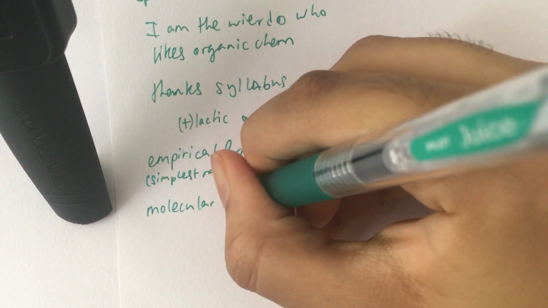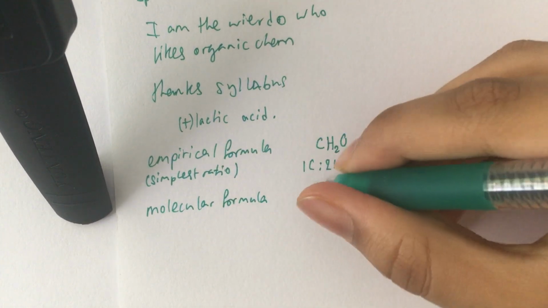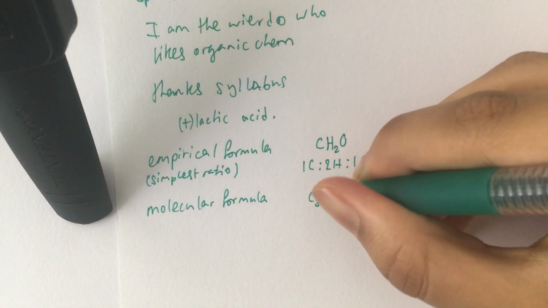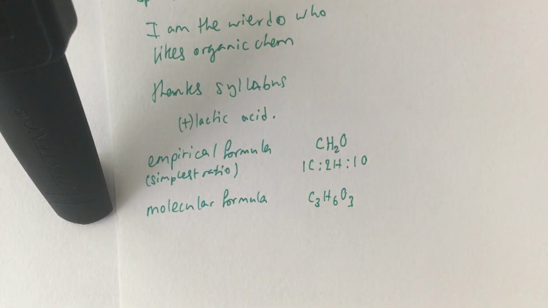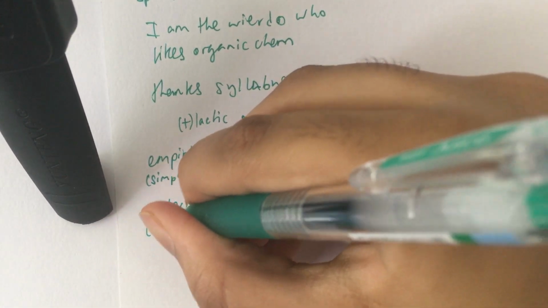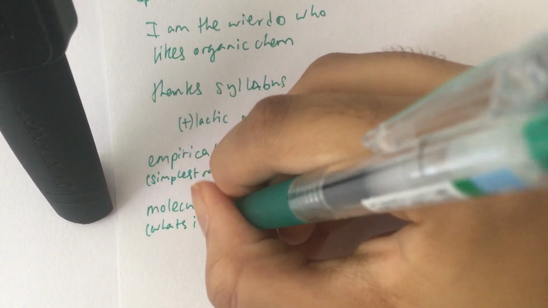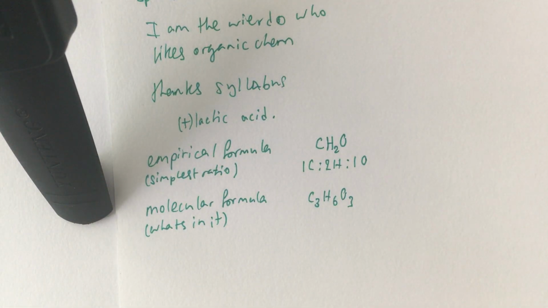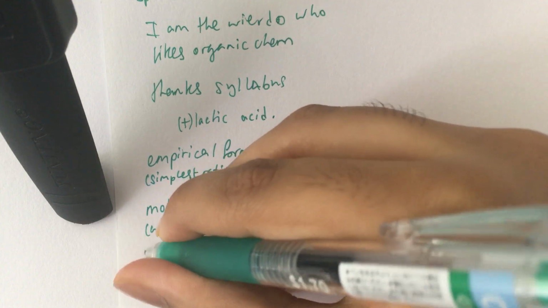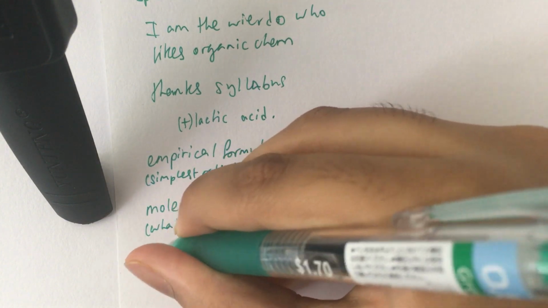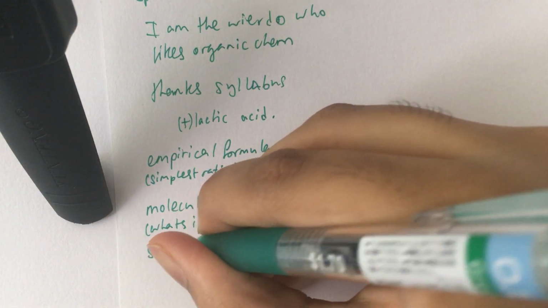The molecular formula of lactic acid is C3H6O3. So we know that lactic acid has 3 carbons, 6 hydrogens, and 3 oxygens. But we don't really know how they're arranged, and you can't get much out of it because there are other molecules that also have C3H6O3 as their molecular formula.